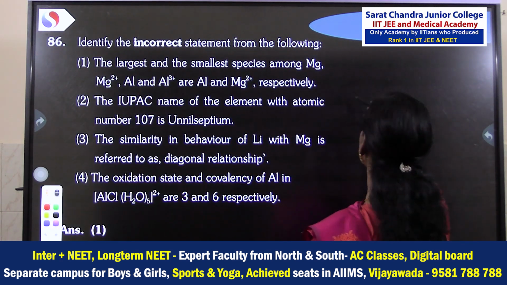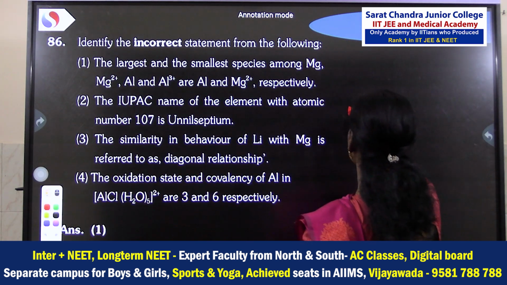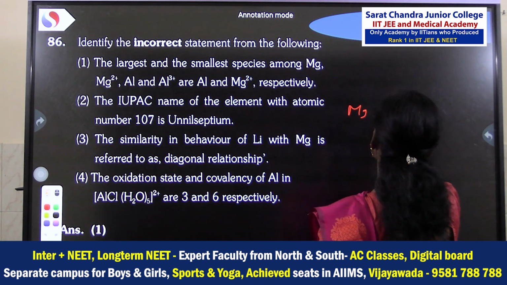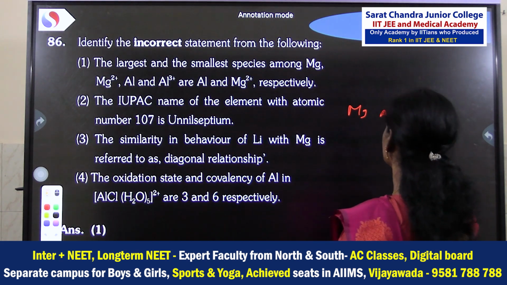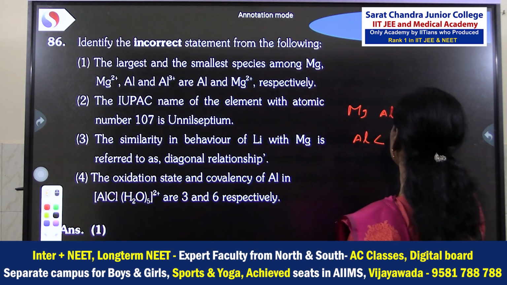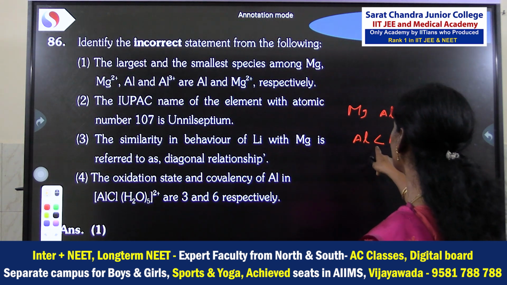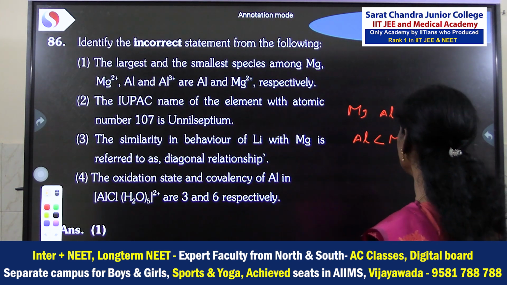And between magnesium and aluminum, magnesium is a second group element, aluminum is a third group element. So aluminum is smaller in size than magnesium. Coming to neutral atoms, aluminum is smaller in size compared to magnesium.